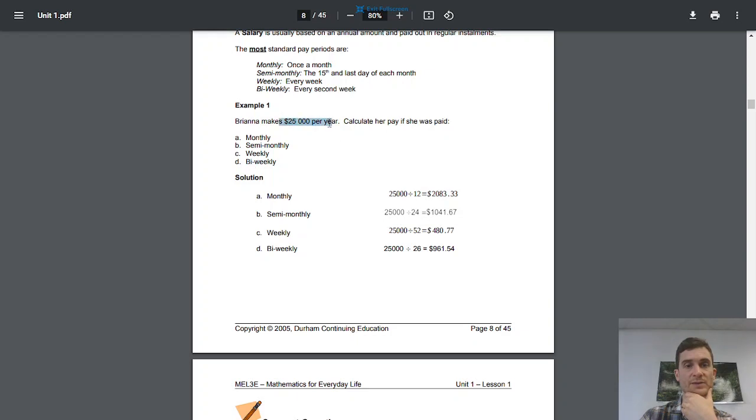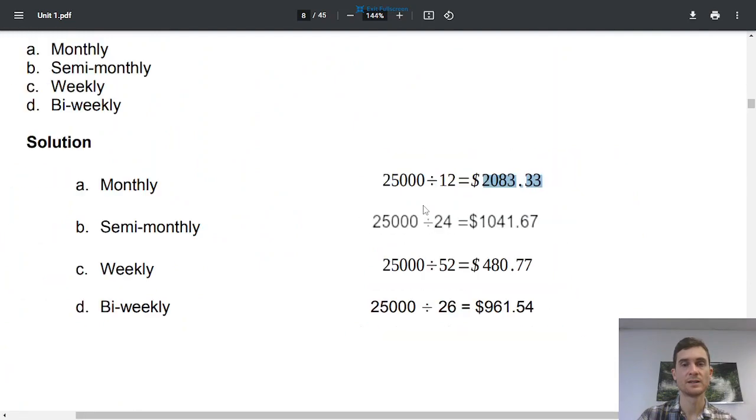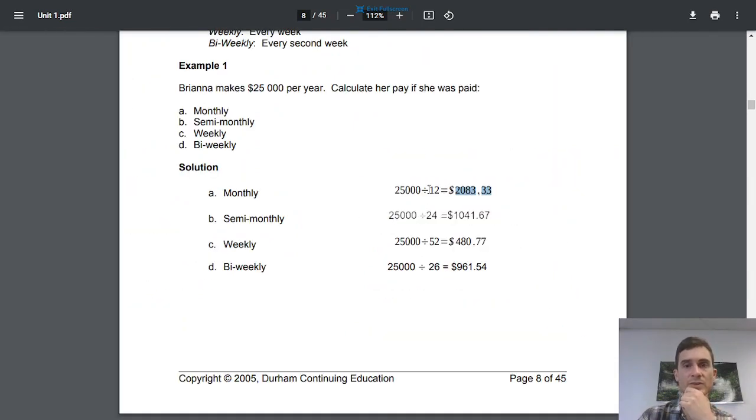You have the 25,000, there's the 25,000, divided by 12, that's your month, and this equals 2,083. So that's 25,000 divided by 12 months equals $2,083.33 per month. That's how much they would get paid.